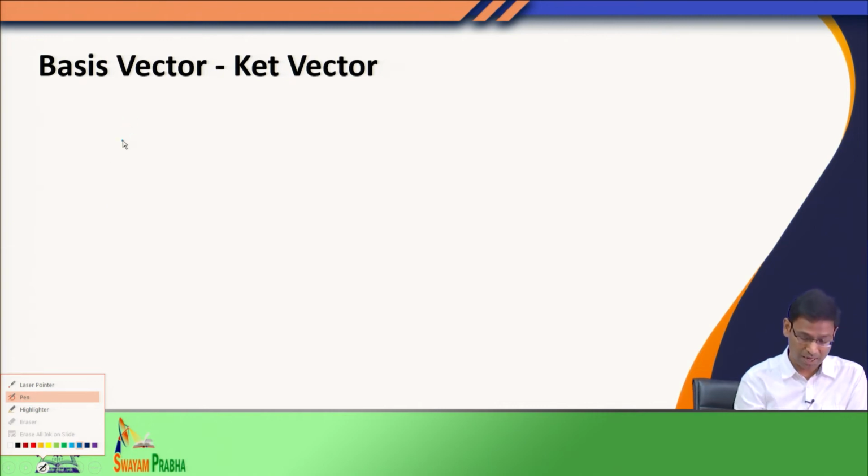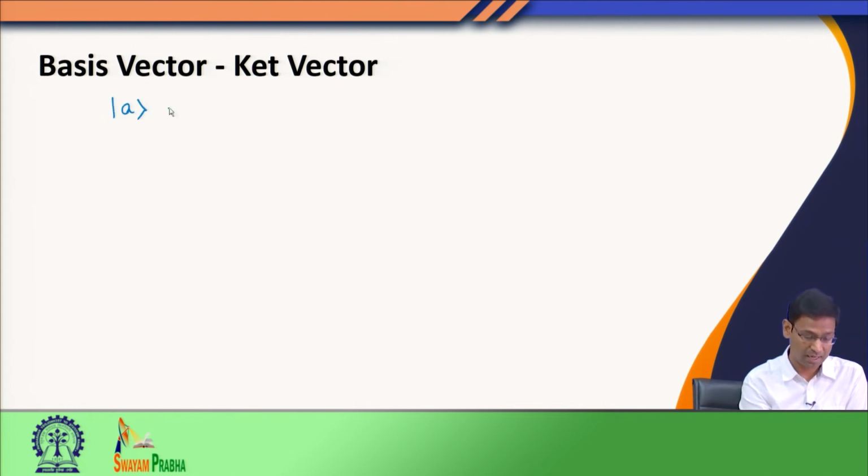Suppose we have defined our vector ket A as this one over here. Now, let us multiply a bra function j on both the left hand side and the right hand side.